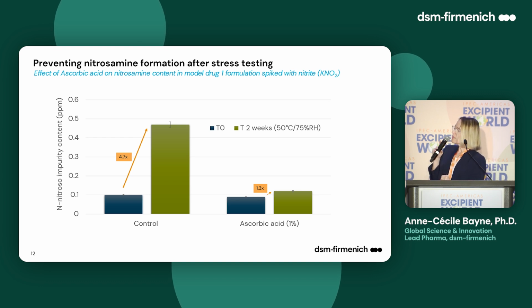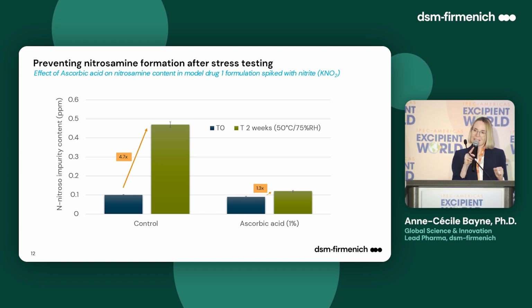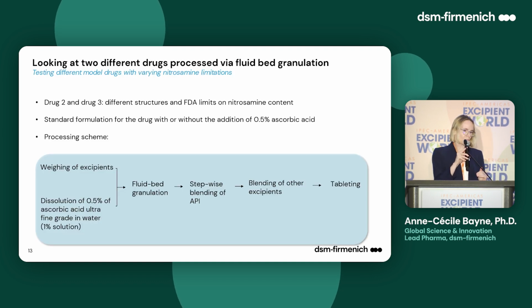And what you see here is the increase in nitrosamines, so the API-derived nitrosamines, over time, over those 2 weeks in the control tablets, which have no ascorbic acid. But with the addition of ascorbic acid, this increase is dramatically reduced. So this was very good for us to see.